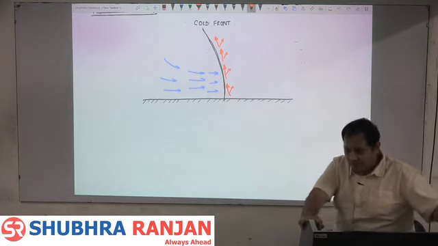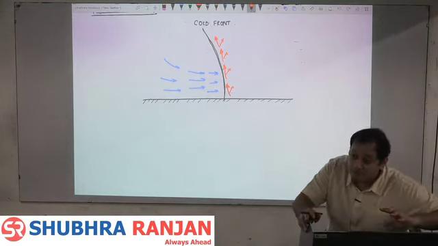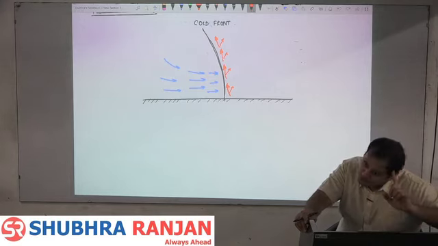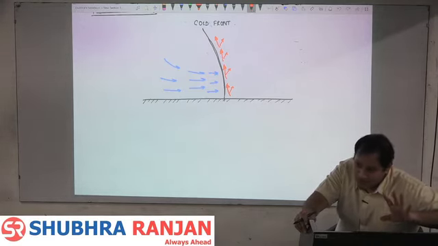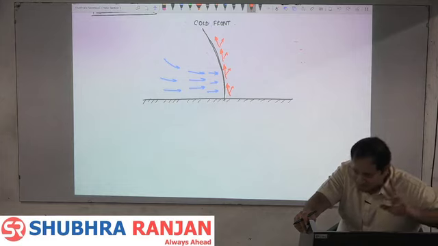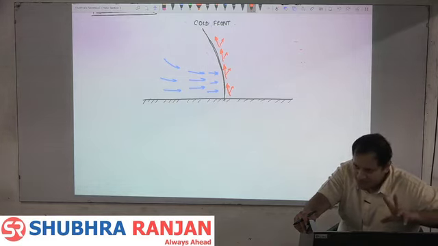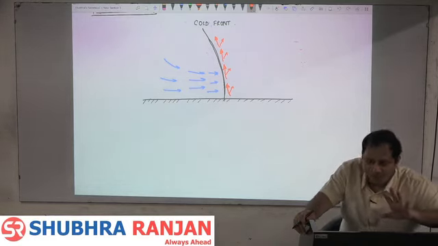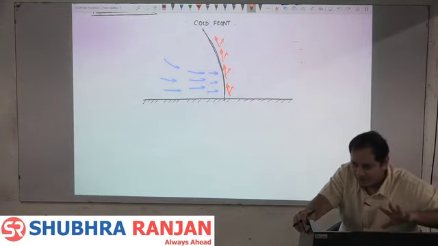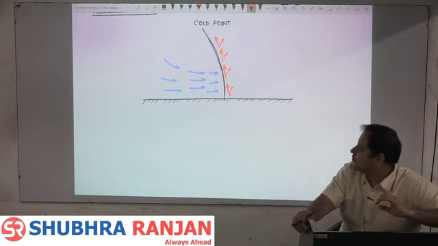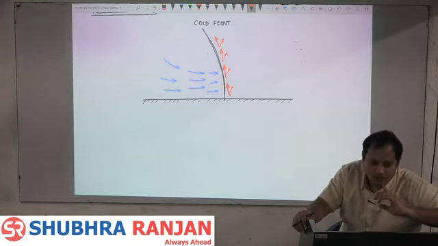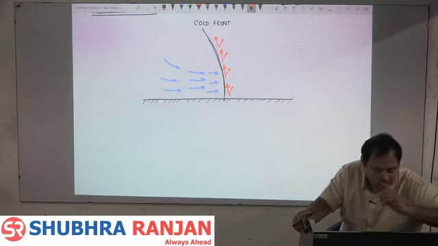One is to 50. Warm front 200,000. It can be thousands also. Minimum it will be 200 kilometers. Obviously, minimum 200. Next point.